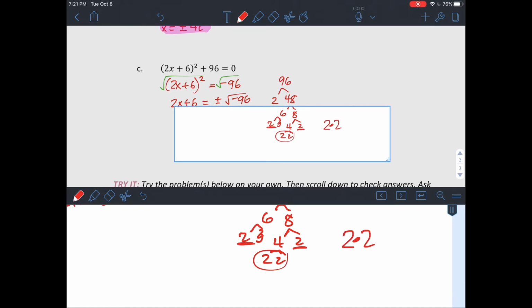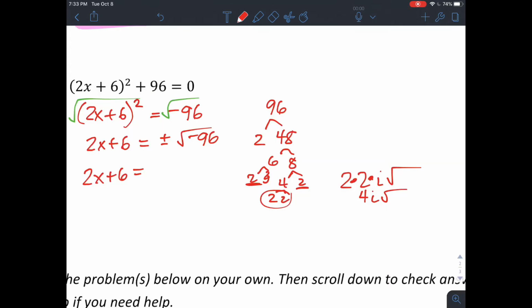So square root of negative 96 is going to break down into 4i times, we've got a factor of 2 and a factor of 3 left inside. So we're going to have 4i times the square root of 6.